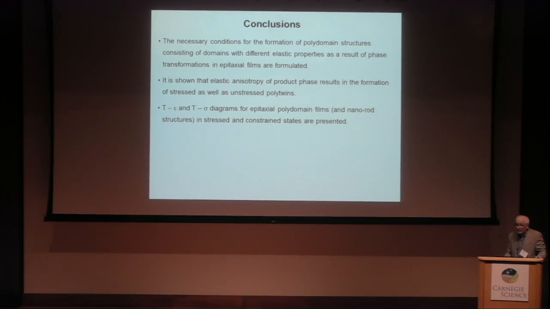Now I tell you that we consider only the necessary condition for formation of this kind of polydomain structure. But all this story can be applied if you would like to consider a rod. If you have a nanorod, all this diagram which I showed you will be absolutely correct.